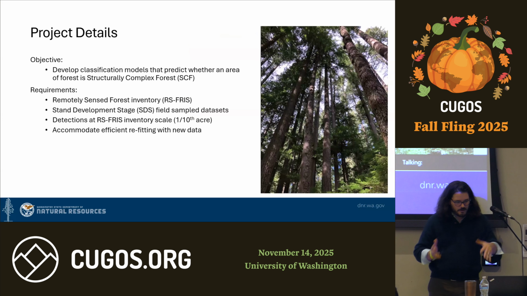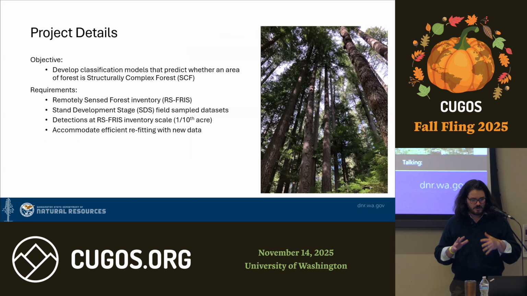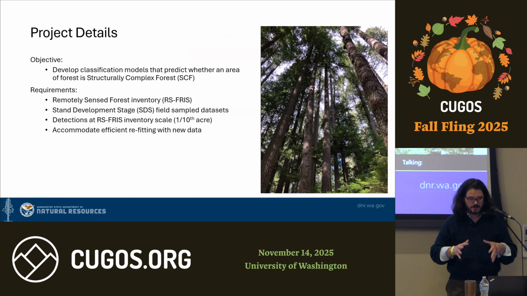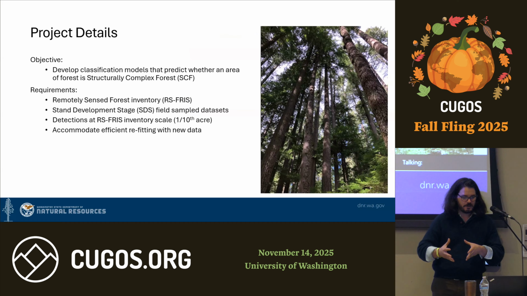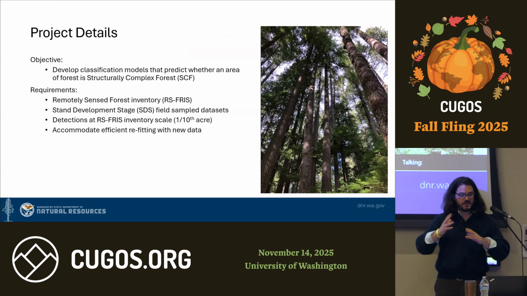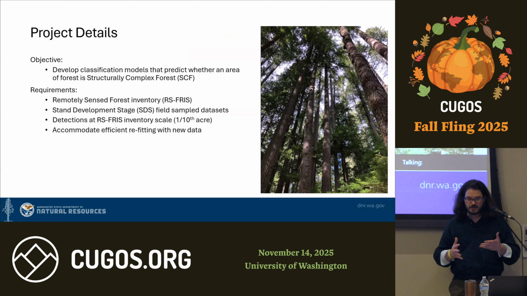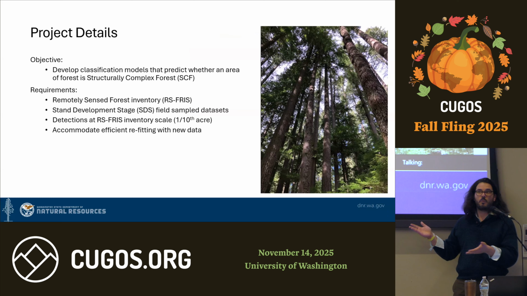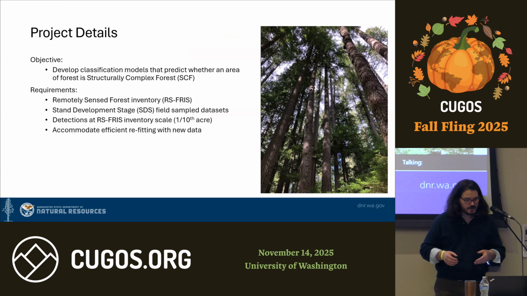So to go over the project, we're trying to create classification models that predict whether an area of our managed lands falls within a certain forest class, which is called structurally complex forest, which we'll talk about in a moment.